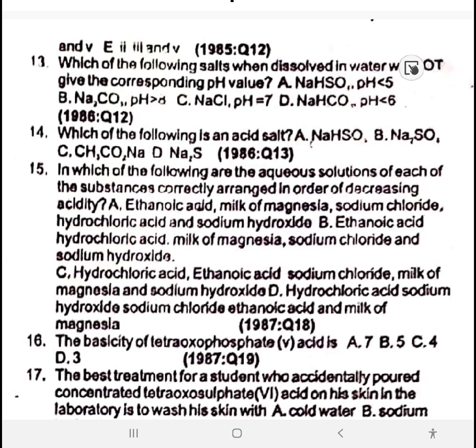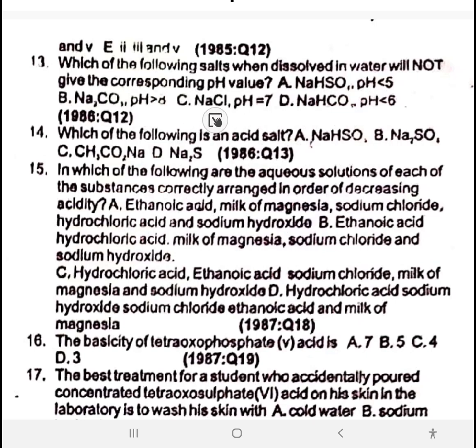Which of the following salts, when dissolved in water, will give you the corresponding pH value? This one, a normal salt, strong acid, strong base, equals 7. This one, H2SO4, from a strong acid, so the pH could be less than 7. This one, Na2CO3, from a weak acid and strong base, will give you a pH greater than 7.